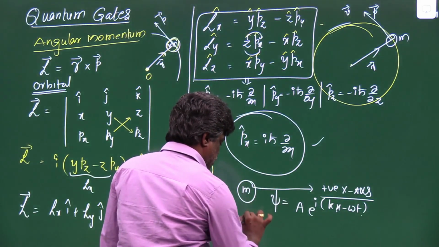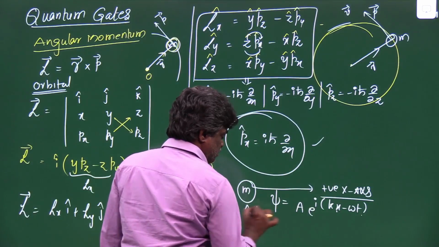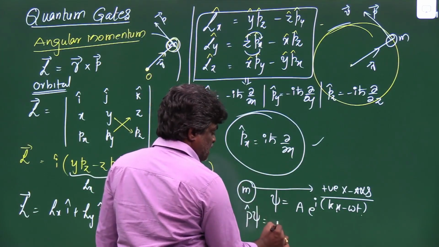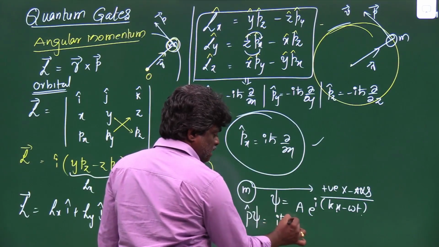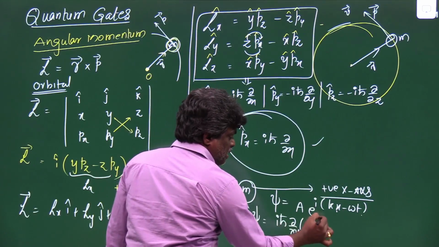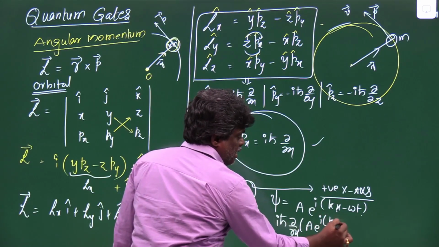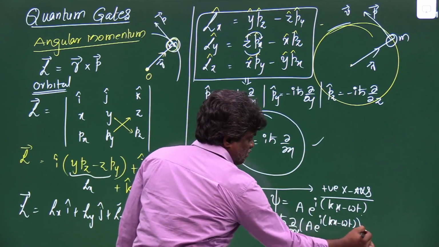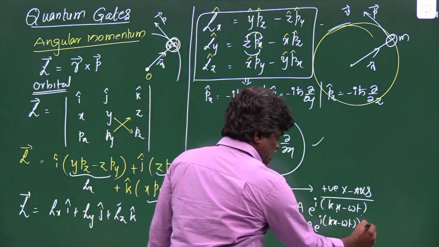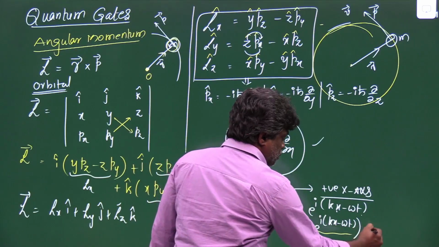Now I am operating p cap, meaning I want to find its momentum. But you have taken i h cross, not taken the minus, dou by dou x on A e raised to i(kx minus omega t). You just operate this. What will happen? A will be out, everything will be out.